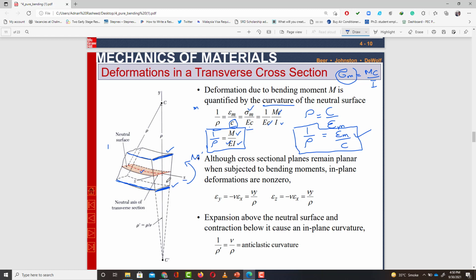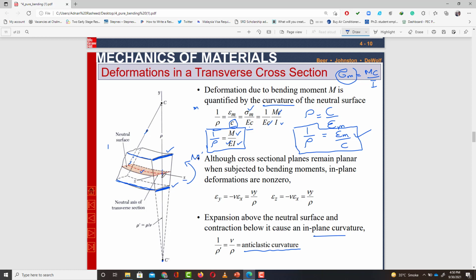this creates an effect that is known as anti-elastic curvature. So expansion above the neutral surface and contraction below it cause an in-plane curvature. You can see previously for curvature we just took this and extended it, but now due to transverse expansion and contraction, if you join them they will meet at point C dash.